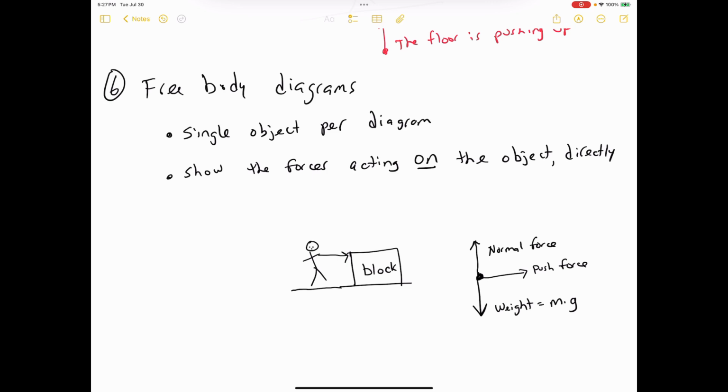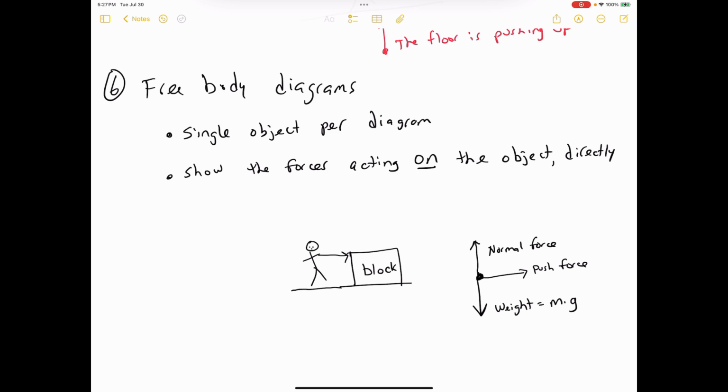It has to be just one object per diagram. Next, you have to show the forces acting on the object. Don't show the forces of the object on something else, because we don't care about something else. We only care about the forces acting on this particular object, okay?